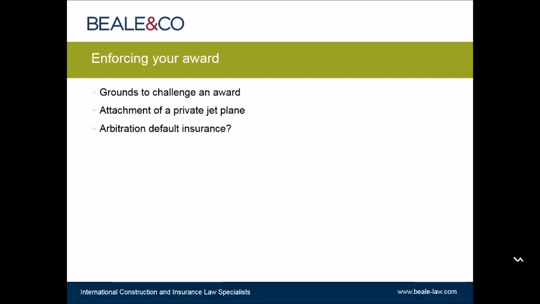Another ground to challenge could be composition of the arbitral tribunal or the procedure was not in accordance with the parties or applicable law. That is, there was some sort of procedural irregularity. Another ground to challenge could be the award is not binding or has been set aside or suspended.